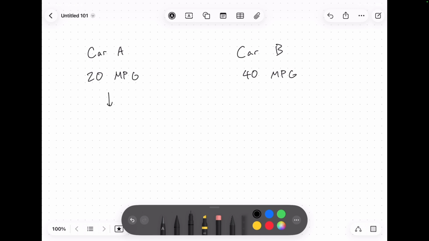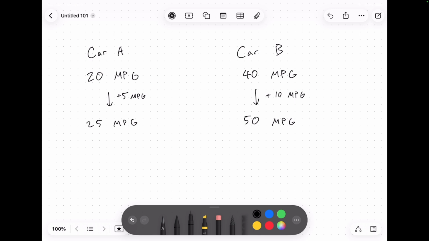Car A, I'm going to upgrade from 20 mpg up to 25 mpg. So this is a plus 5 mile per gallon improvement. For car B, we're going to go from 40 mpg up to 50 mpg. So this is a plus 10 mpg.